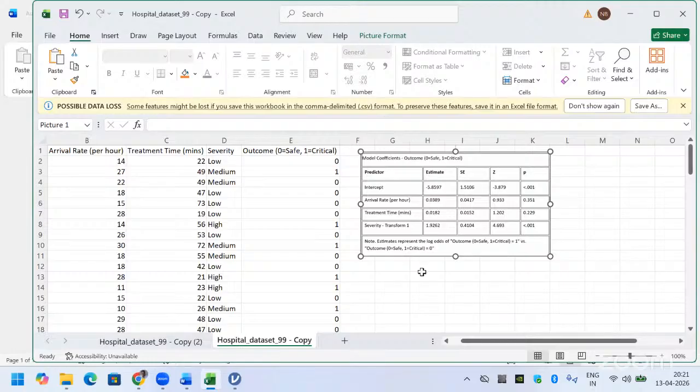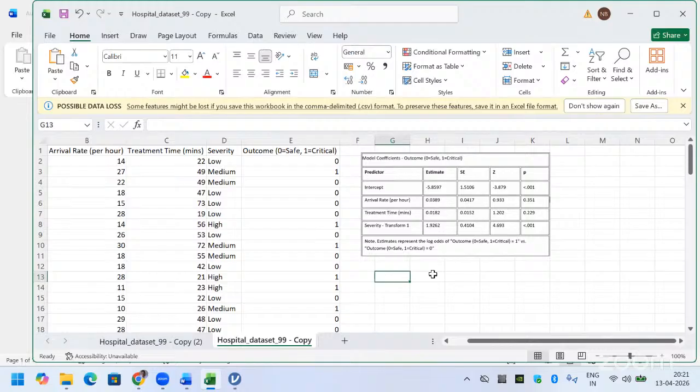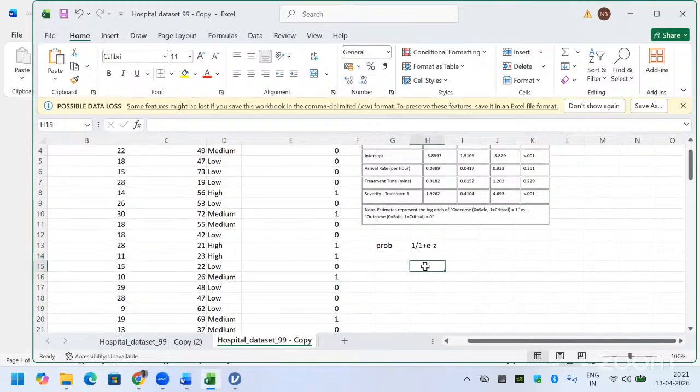The probability I have taken is 1 divided by 1 plus e power minus z. So this is what we need to show. The equation of z is equal to the values we have got. Here I can take my intercept.